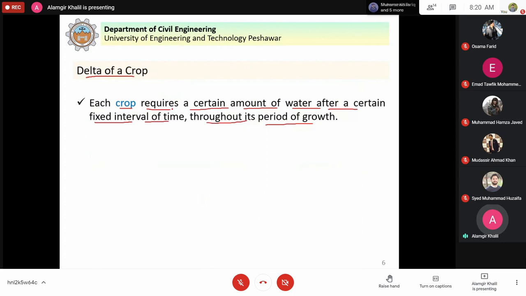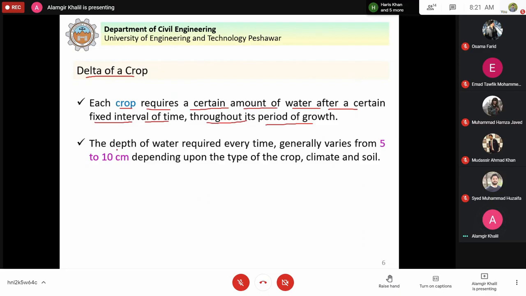So each crop requires a certain amount of water after a certain fixed interval of time throughout its period of growth. The depth of water required every time generally varies from 5 to 10 centimeter depending upon the type of crop, climate and soil. So we have different crops, they require different amounts of water.